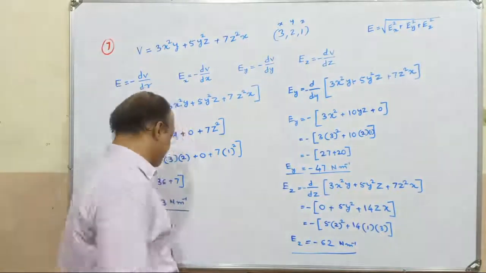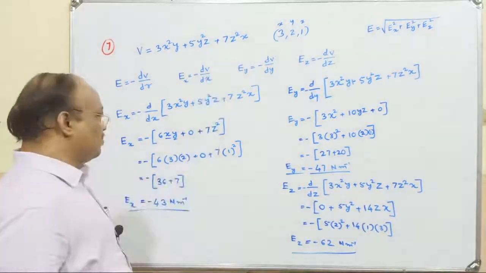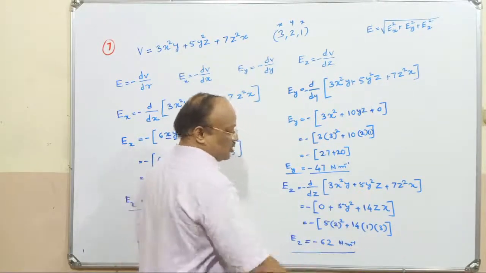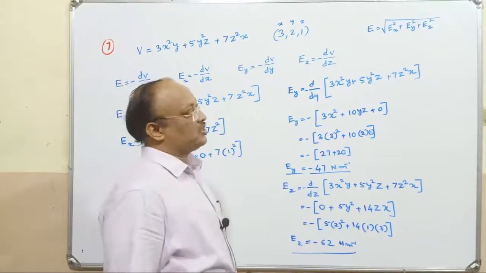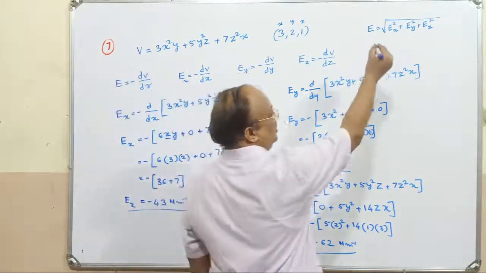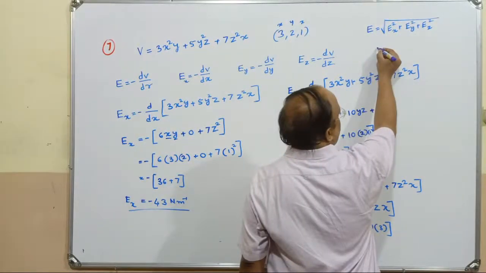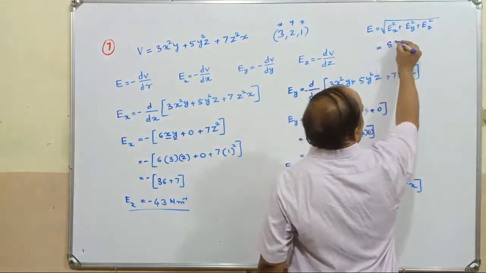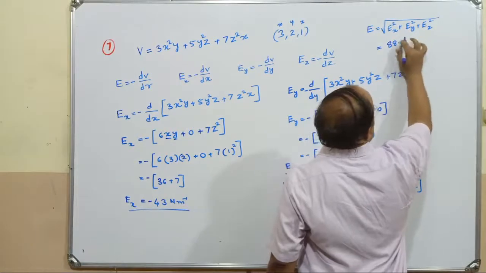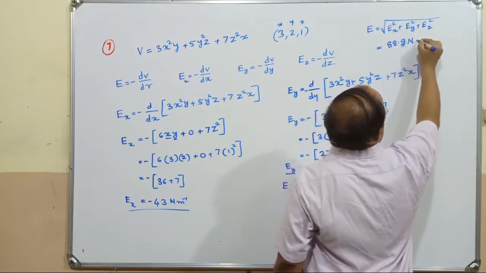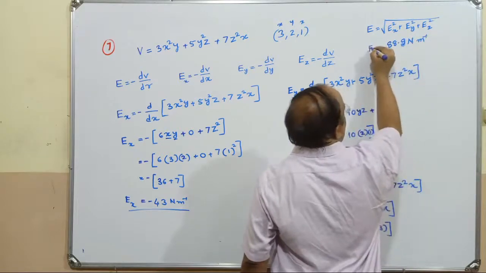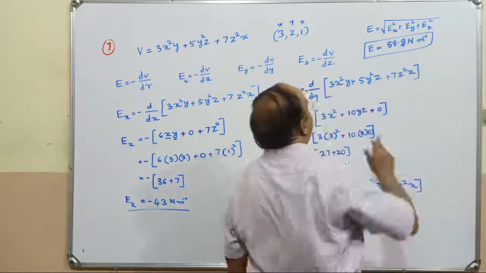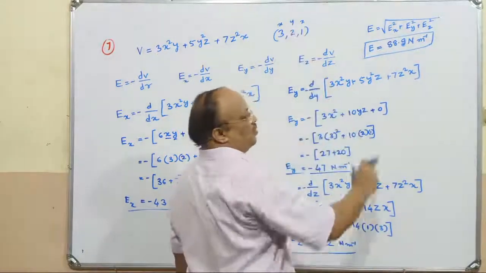Substitute these values there. In place of Ex minus 43 whole square, minus 47 whole square, minus 62 whole square. If you substitute in this, you will get the value as 88.9 Newton per Coulomb. So this will be your final value at 3, 2, 1. What is the electric field?